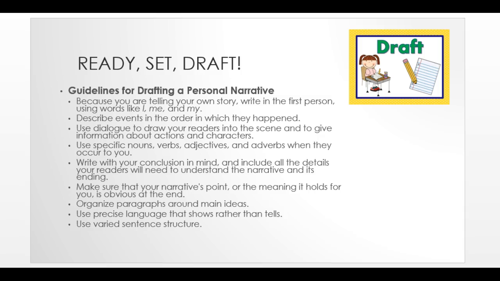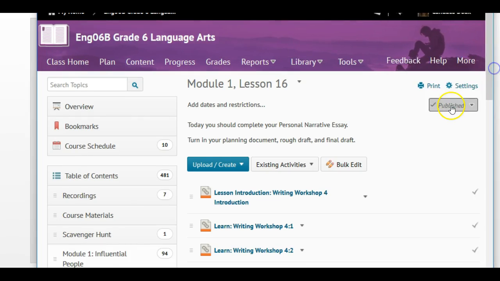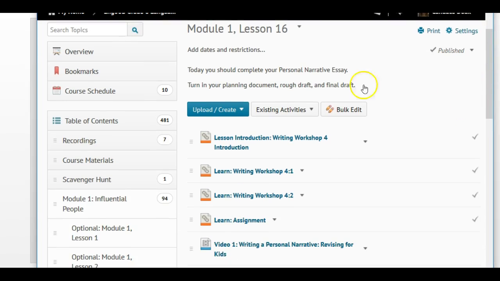So after you've written your draft, go back and edit and revise it. Make sure that it makes sense, that it has the right things, but also you've checked for spelling and grammar errors, okay? Looking into our actual lesson, Module 1, Lesson 16, that's where you're going to turn it in, okay?